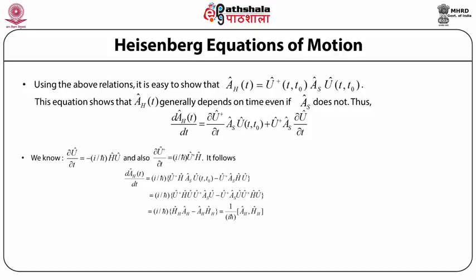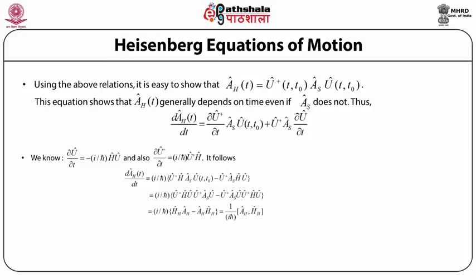Using those two results that we have discussed earlier, we have obtained this final equation. From this equation, we can see that the second term within brackets on the right hand side is the commutation relation between the Hamiltonian operator H_H and the operator A_H.